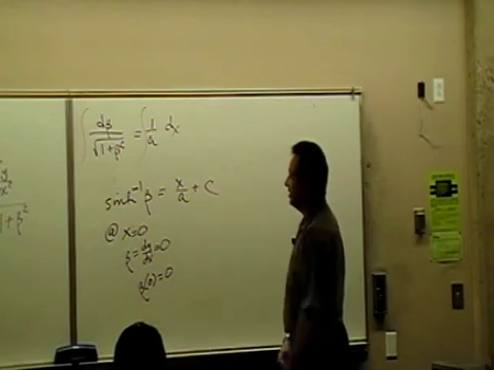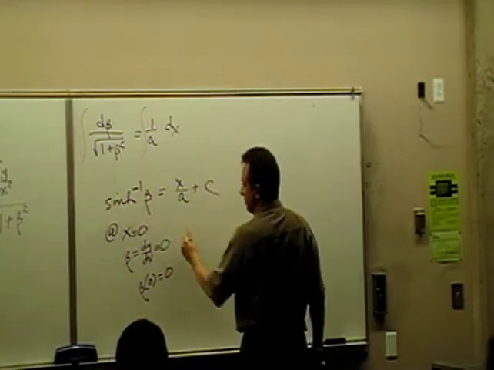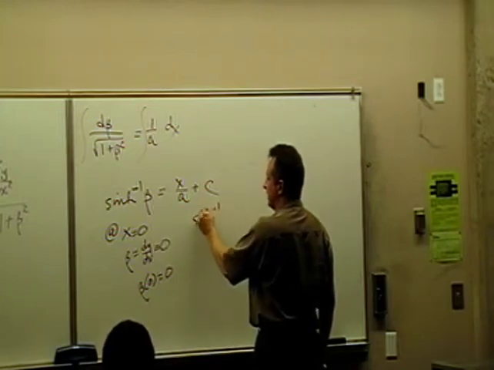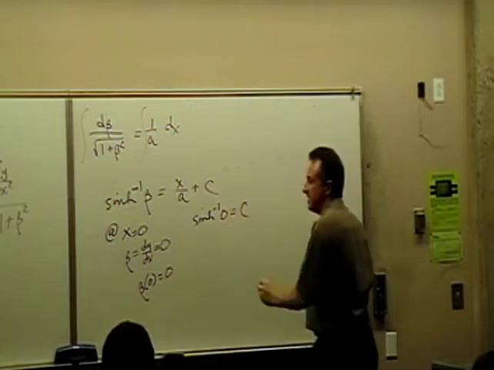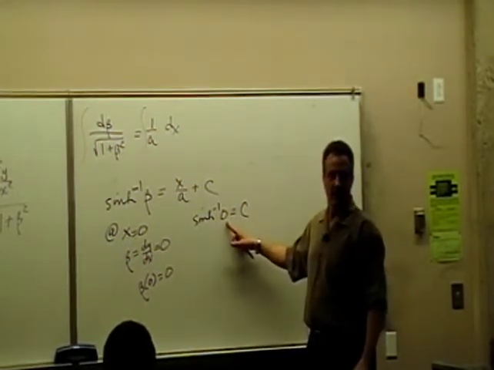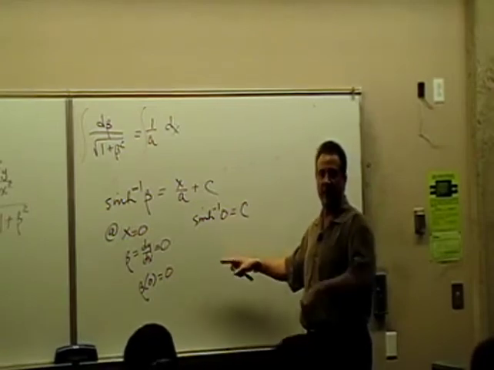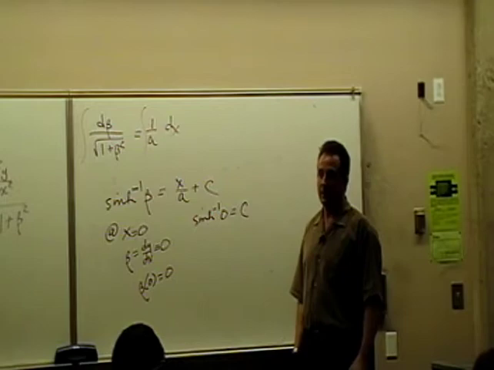Let's plug that condition in here. If I plug this in, you'll have beta equaling 0. You'll have the inverse hyperbolic sine of 0 equaling, and you're going to let x equal 0, you'll just have c. Anybody know what the inverse hyperbolic sine of 0 is? The hyperbolic sine of what value gives you 0? 0.